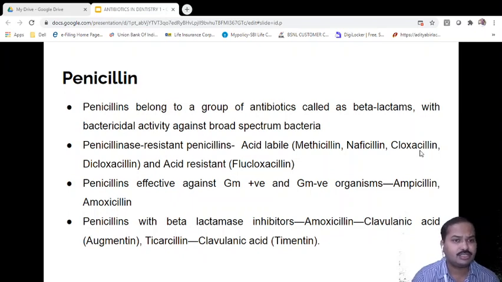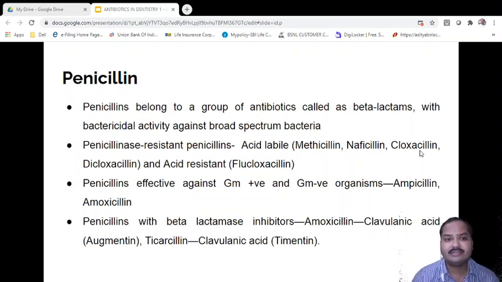They are considered to have an effect over a broad spectrum of bacteria. Now with the advent of penicillin, the bacteria also developed resistance against the various aspects where the penicillins usually had their effect.